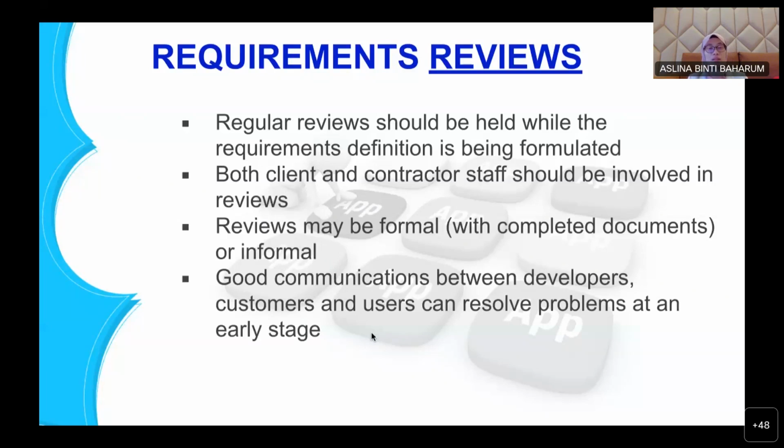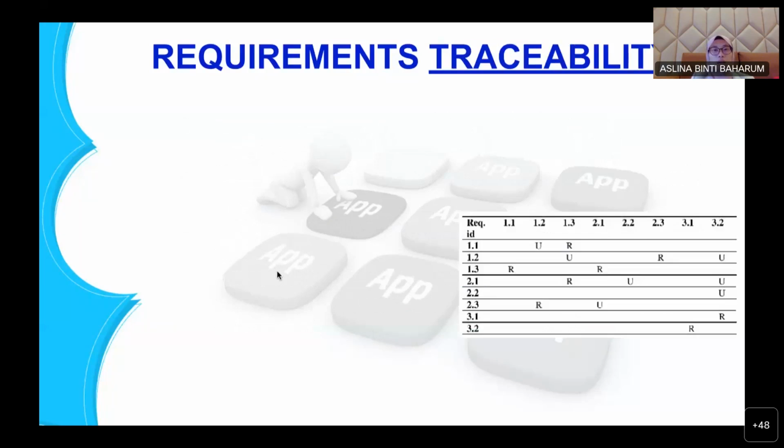You want to check again, review. And after you complete the system, you want to review again that all the features are included and completely developed. See, it's not only in the planning phase, but also implementation, testing, and the delivery part.